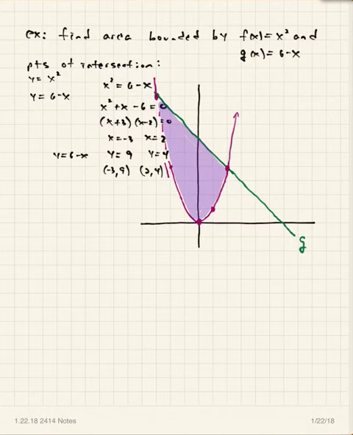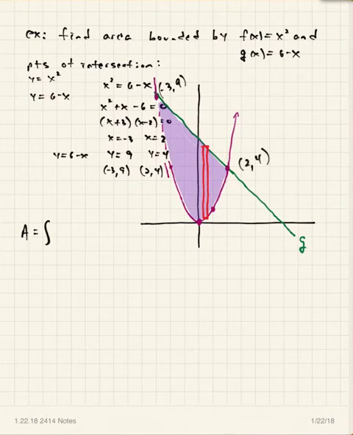All right, and so this problem, if we draw a representative rectangle in here, this looks pretty clear cut, right? That we're going to integrate with respect to x. This rectangle, as it sweeps from left to right across that region, always has the same bounds on the top and the bottom. And so the area of this region would be the integral from, now remember, this point is at (-3, 9), and this point is at (2, 4).